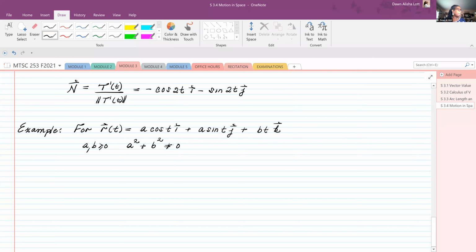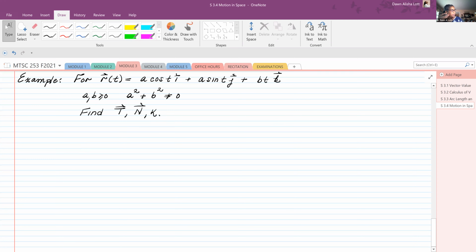Okay, so we want to find T, N, kappa. You actually find kappa before you find N, but it's okay. All right, so r prime of t is minus a sine t i plus a cosine t j plus b k.